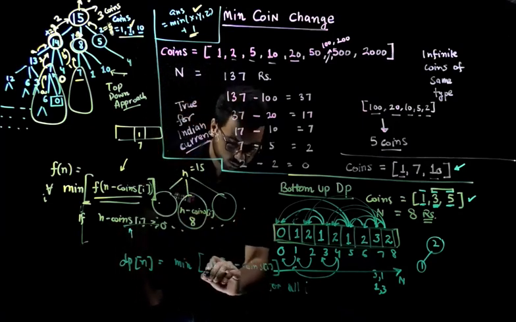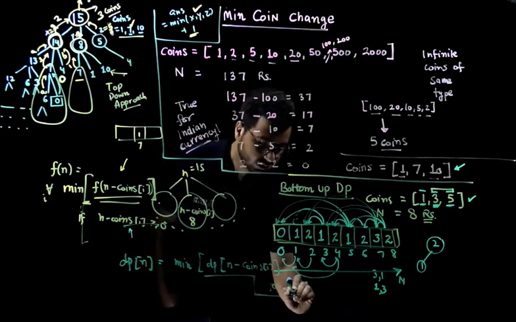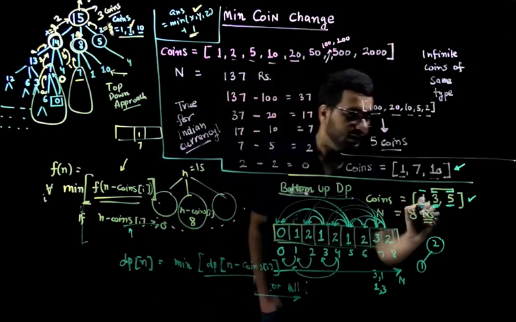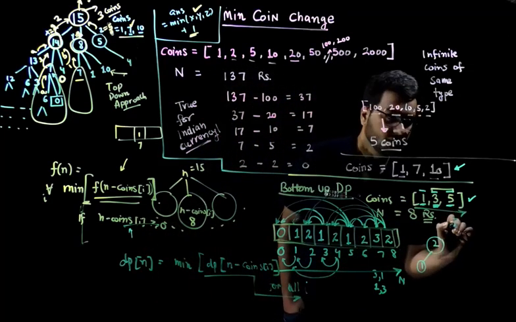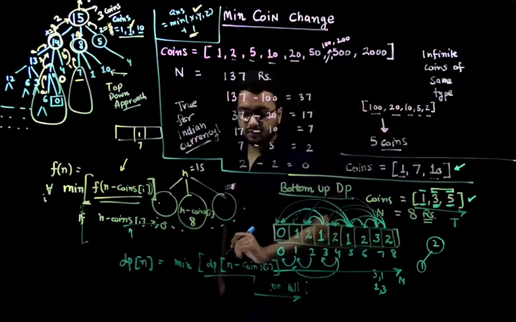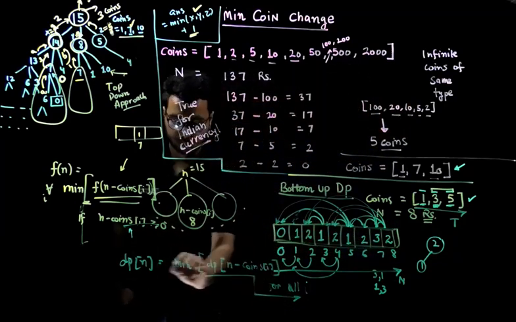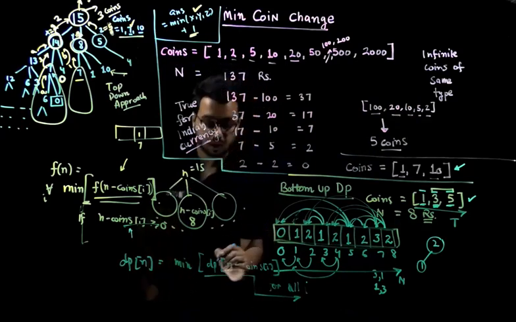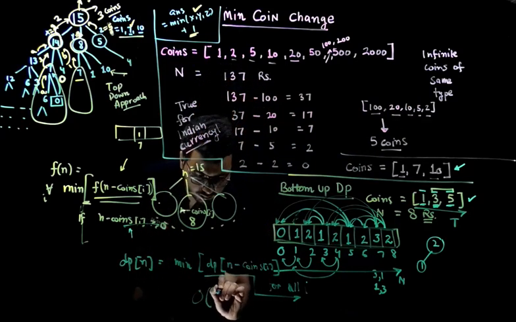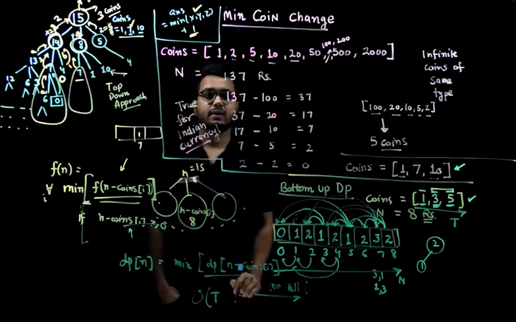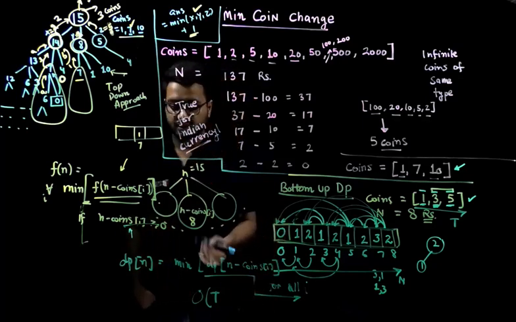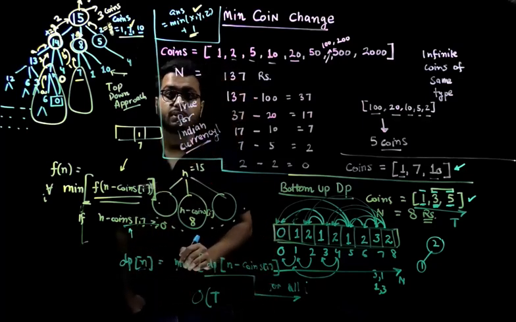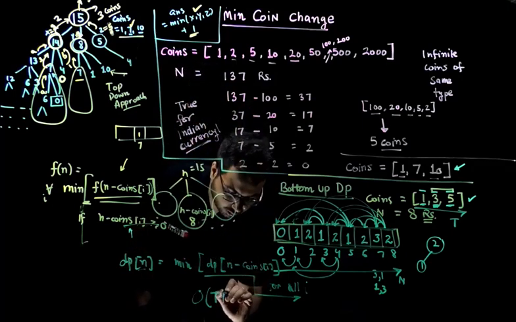So when you are going to do this loop, if you have, let's say, t types of coins, this DP of n for one particular state is going to take order of t time to compute, and you need to compute n number of states, so it would be order of t into n.